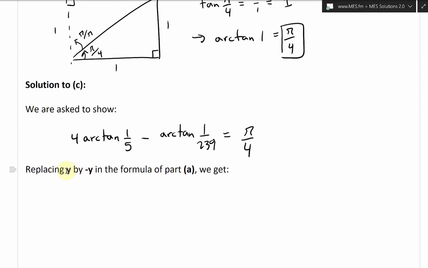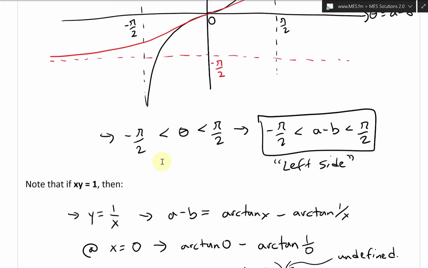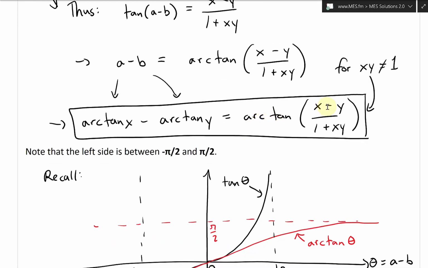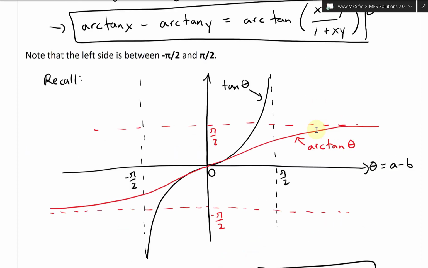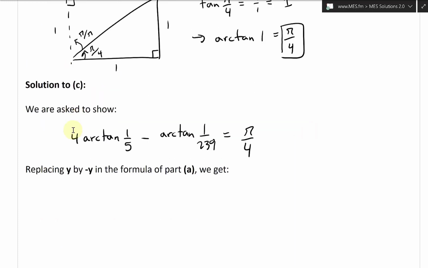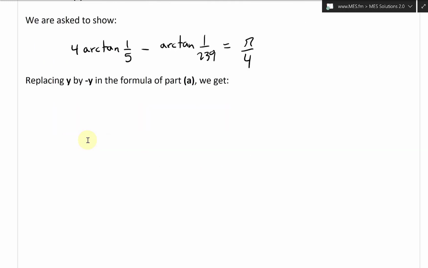So the solution manual replaces y by negative y in the formula of part A. And recall the formula of part A, that is just this part right here: arctan of x minus arctan of y equals arctan of x minus y, divided by 1 plus xy. So it replaces that so that we'll have an addition here. The idea is to have an addition. So we'll have a 2 arctan plus this, and so on. So let's continue on, and we'll start to make sense.